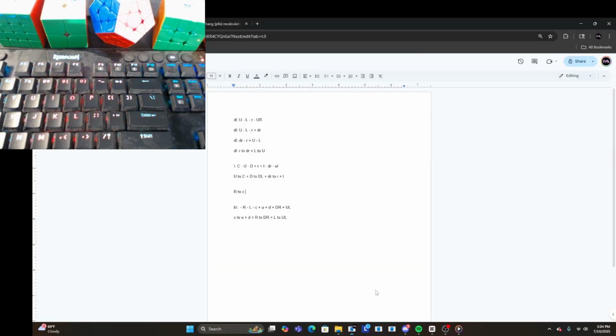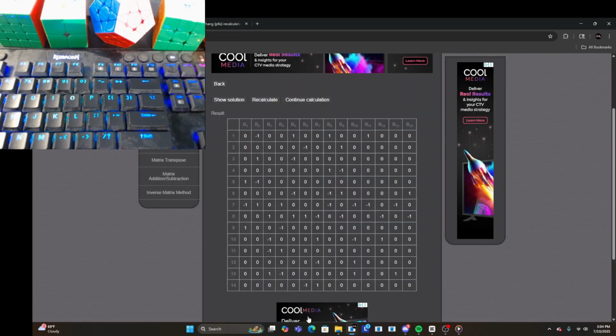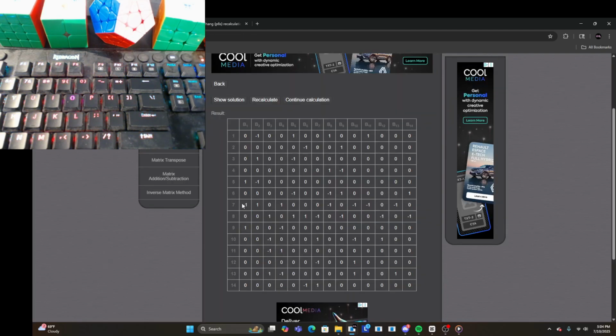Okay, so here's the thing with the slash moves, right? So I took the slash moves from the matrix. This is number 7, right? So again, remember when you're getting the actual memo out, you have to change this from negative to positive. So this is positive C minus U minus D, and then plus R on the back, plus L on the back, and then plus these two corners.